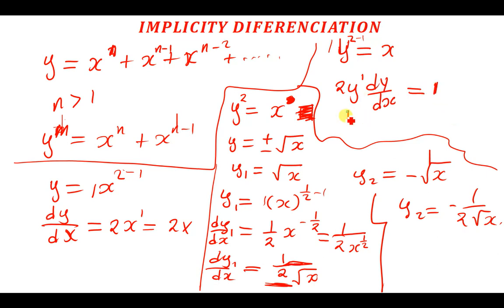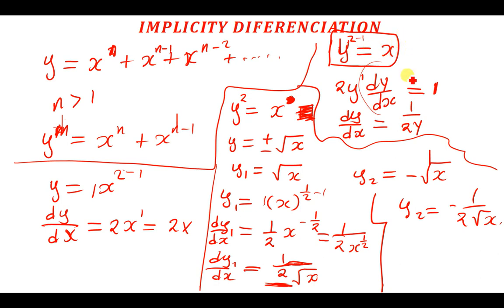So to find dy/dx, we simply divide everything by 2y, so that we remain with dy/dx on this part. We're going to have 1 over 2y. Remember we have y squared is equal to x.